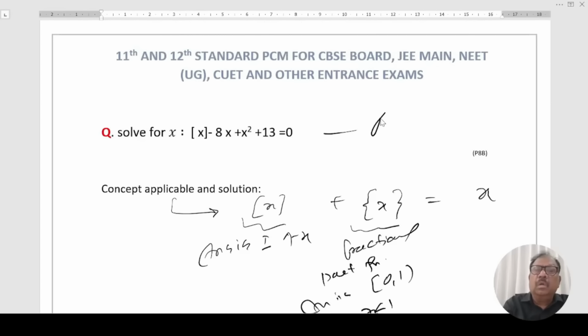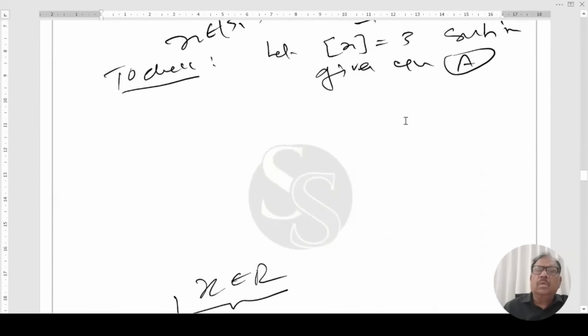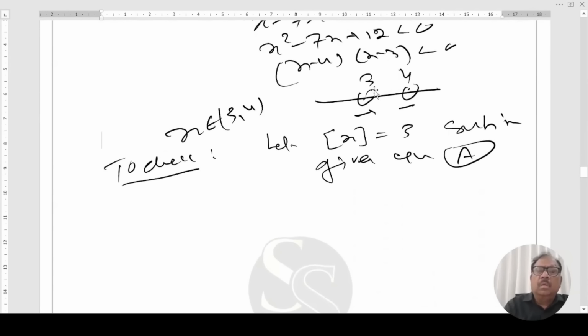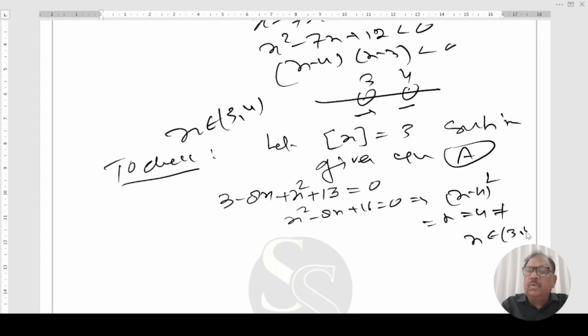Greatest integer function of x minus 8x plus x square plus 13 equal to 0. So 3 minus 8x plus x square plus 13 equal to 0. x square minus 8x plus 16 equal to 0. x minus 4 whole square. x equal to 4 does not belong to x belongs to 3, 4.